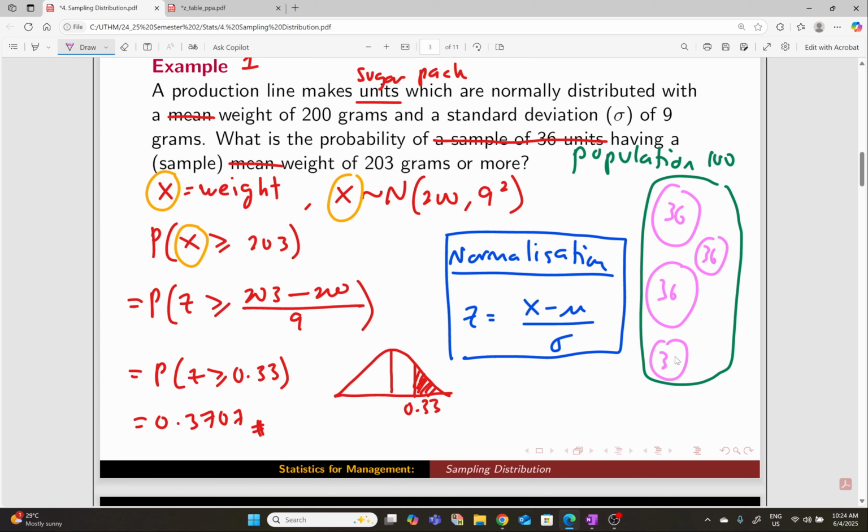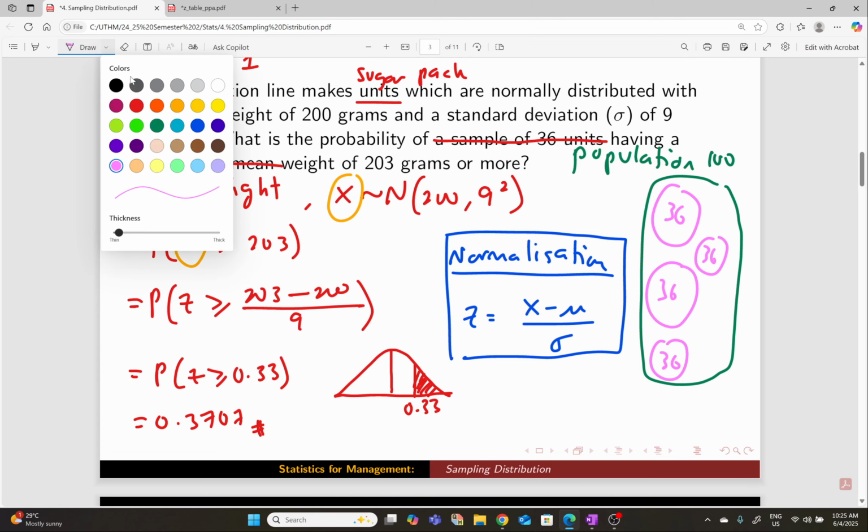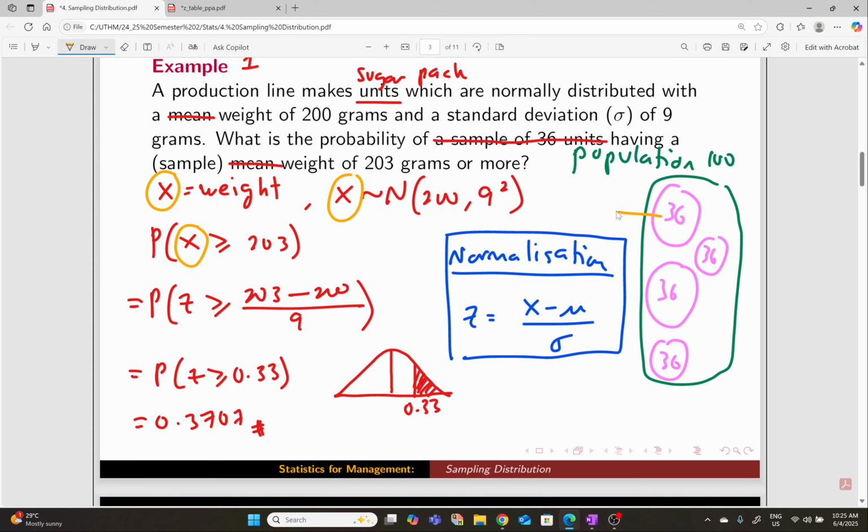I take any 36 and I take their average. I am taking the mean out of 36. I suppose all of you know how to find the mean. If I take 36 packs, to find the mean you add all and divide by 36, isn't it? So just consider the mean like this.